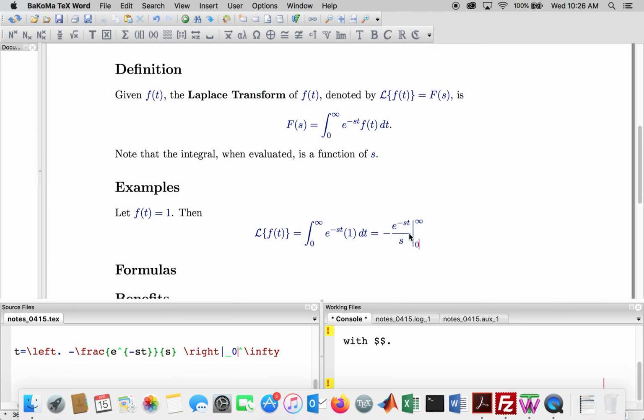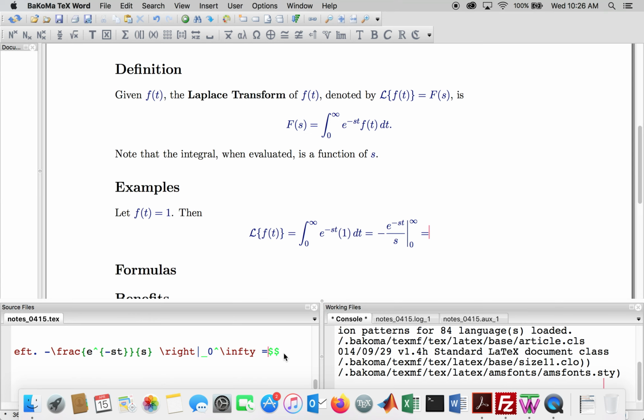Now, we work with everything being positive here, both t and s. So what we have here is a negative exponent. So if we let t go to infinity, this exponential is going to go to 0.